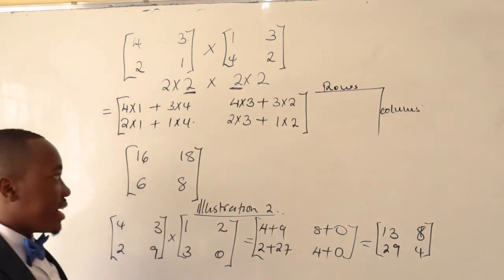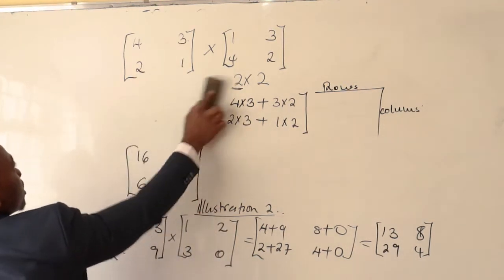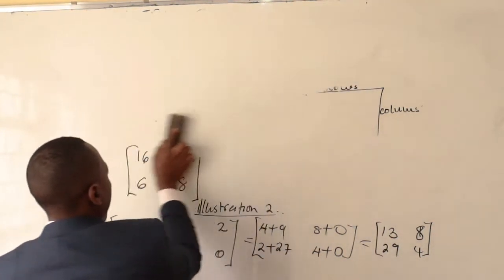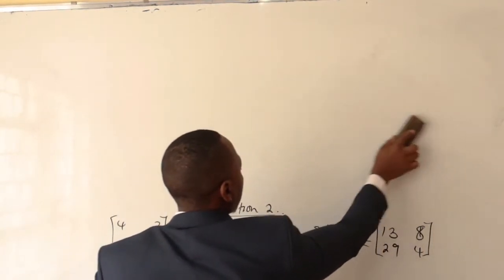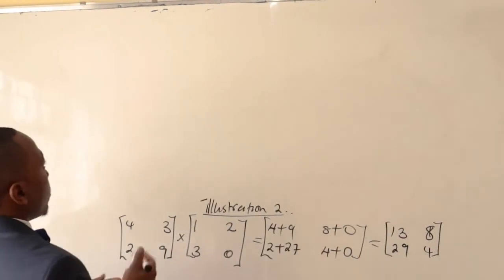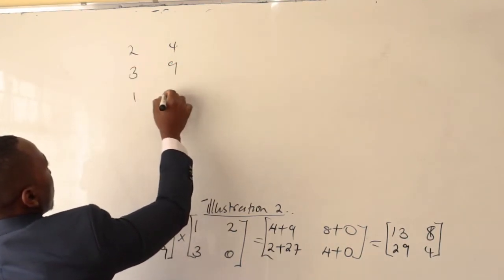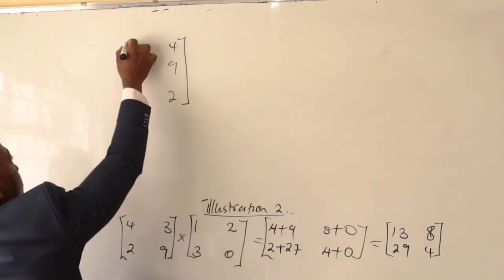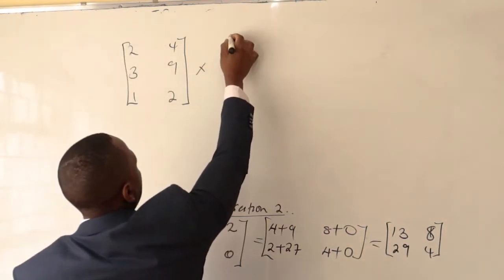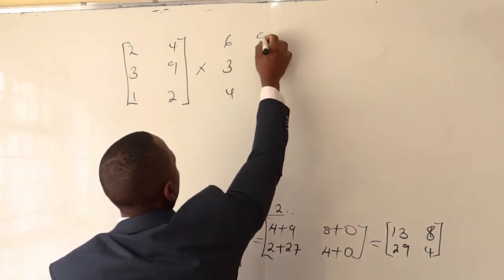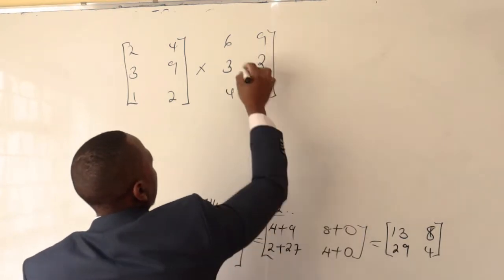So I want to give you another illustration. What if now you do this? You are given the matrix 2, 4, 3, 9, 1, 2, and you multiply by 6, 3, 4, 9, 2, 1.